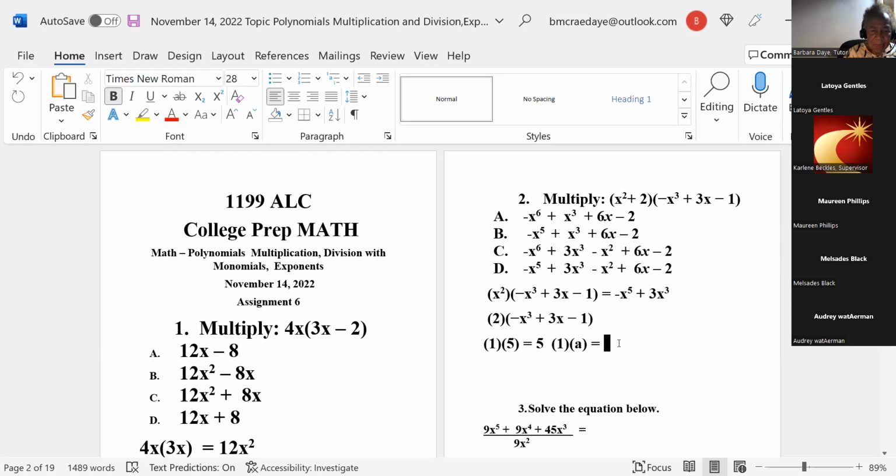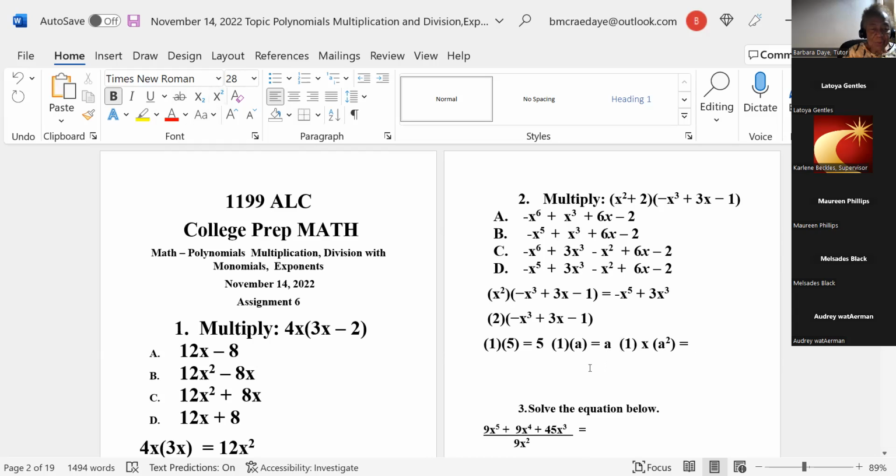It's A. 1 times A is what? 1 times A is A. It's A, right? Okay. Now what's 1 times A, and let me put that to the second power. What is that equal to, Audrey? A to the third.